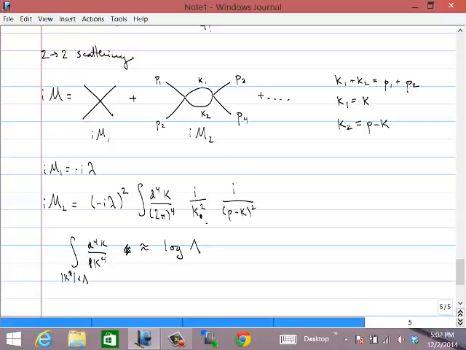Is that clear? Just because the integral dx over x from 1 up to lambda diverges like log lambda. So this is a logarithmically divergent integral.